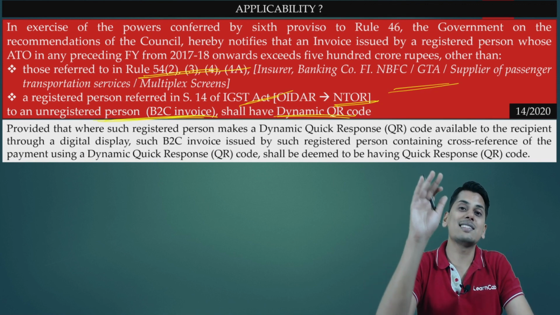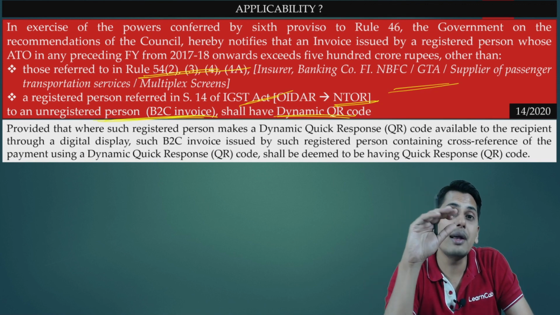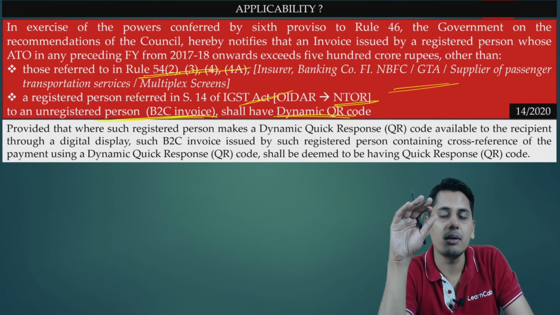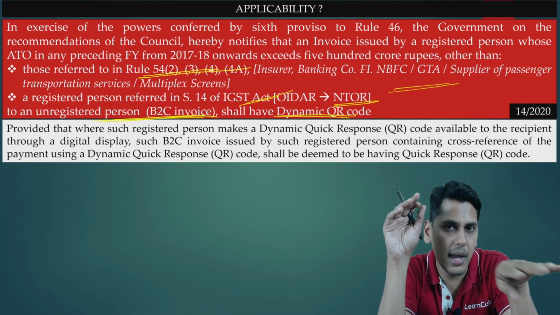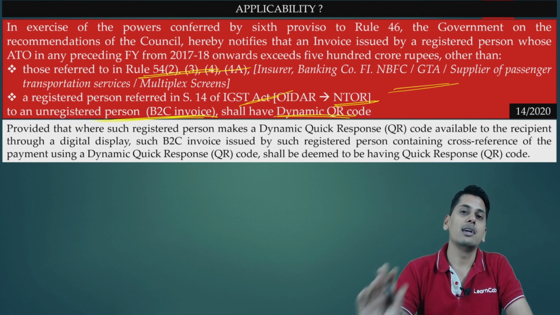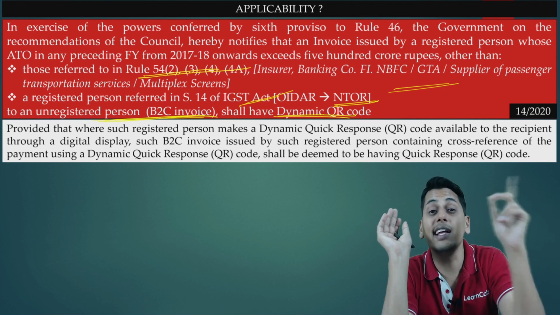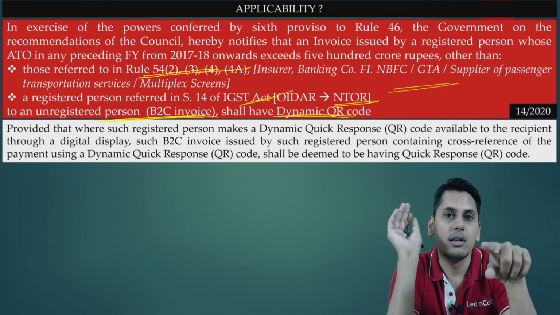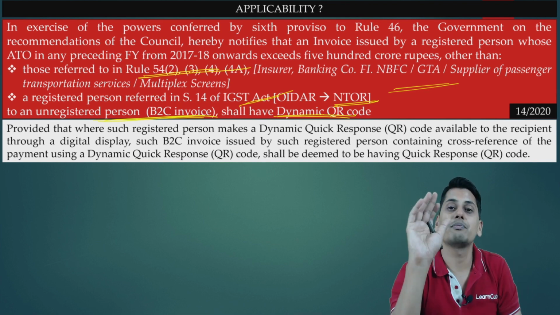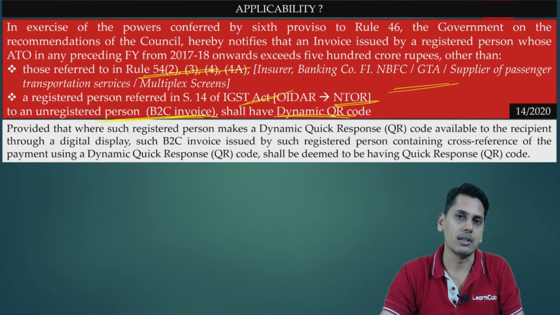Or is it sufficient to have a payment reference number? The payment reference number is nothing but the reference number of the payment made against the dynamic QR code. Friends, it is sufficient if the invoice is one against which payment was made by scanning the dynamic QR code shown as a digital display. In such cases, the payment reference number is sufficient.